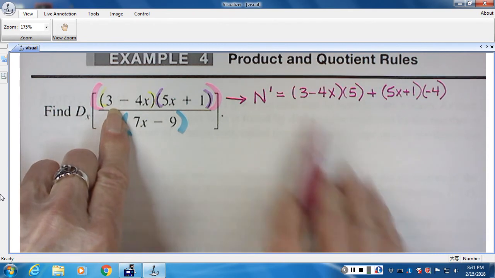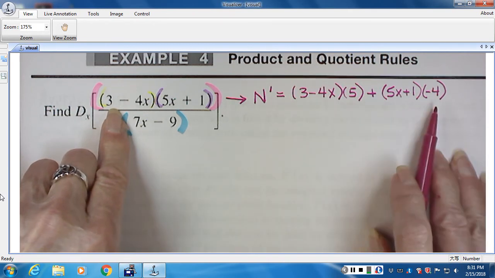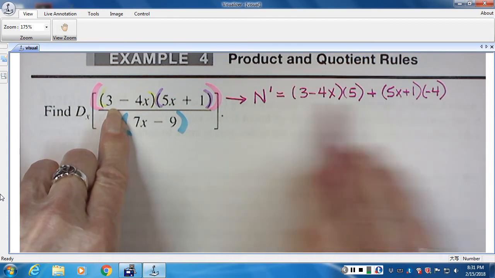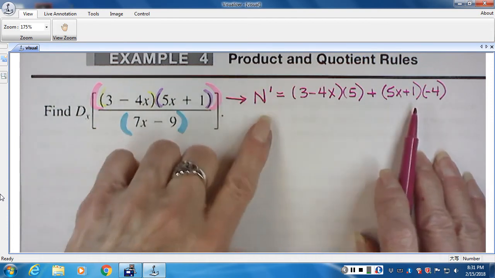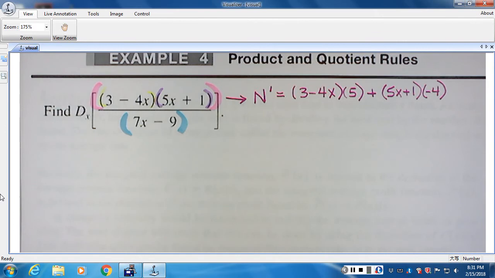And then since I'm going to have to take the derivative of this whole mess again, I'm going to have to use that derivative in some way. I'm going to try to shrink it down.